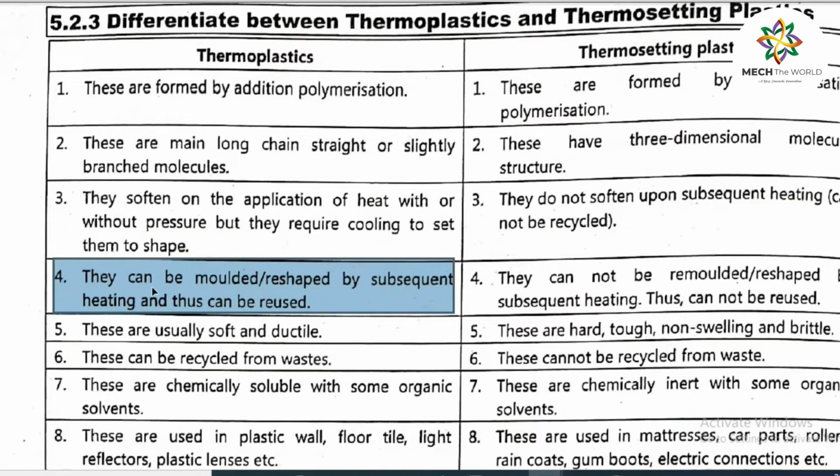If we heat the thermoplastics, they can be brought to a semi-solid or semi-liquid stage and then can be molded into any desired shape. In short, we can recycle the thermoplastics, whereas thermosetting plastics cannot be recycled.